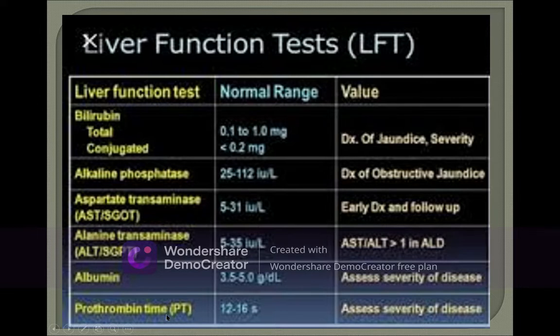If they are disturbed, the PT, normally 12 to 16 seconds, and the INR should be taken as a major component of the liver disease, if acute in onset. And you see the fate will depend on the prothrombin time.